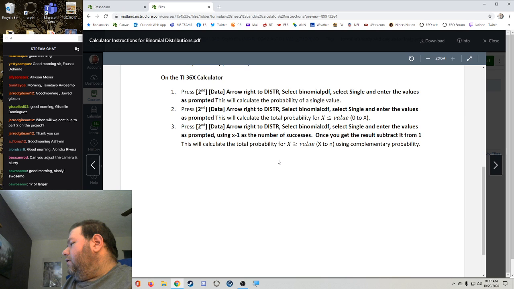what's happening here is if we want the probability of x is greater than or equal to 17, what we actually calculate is the probability that x is less than or equal to 16, and then subtract it from 1. That's because whether we make 17 or more, or 16 or less, these are 2 complementary events.